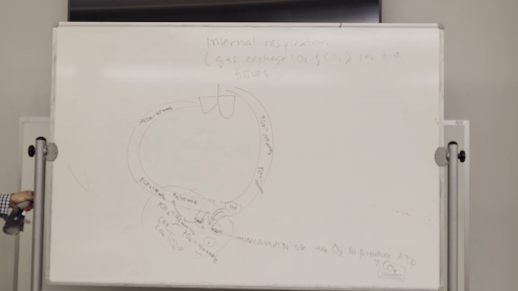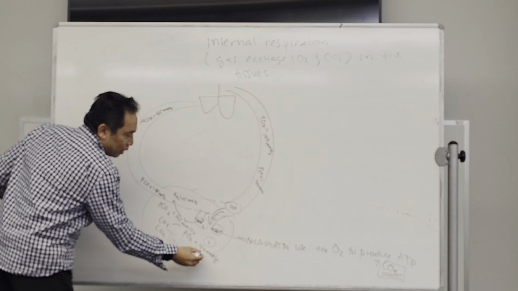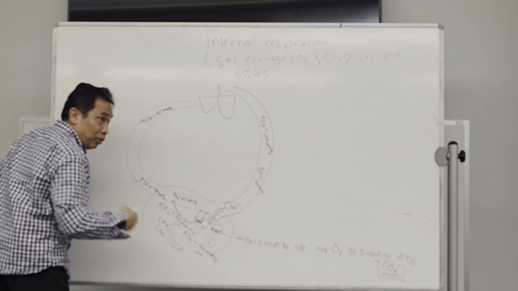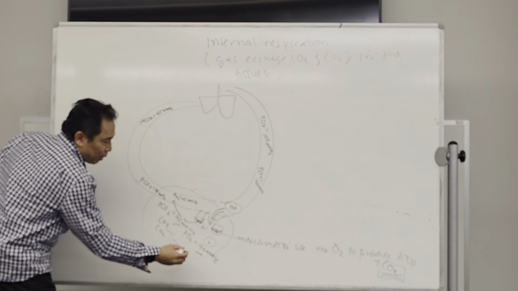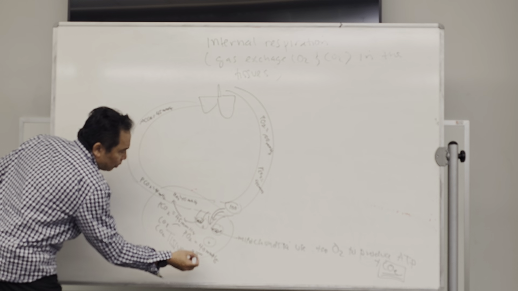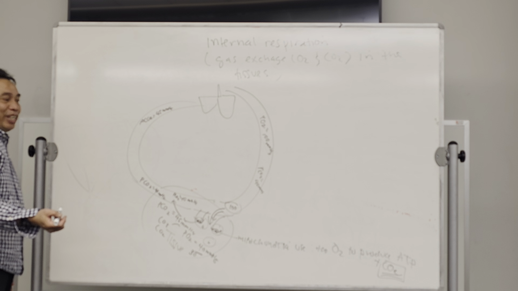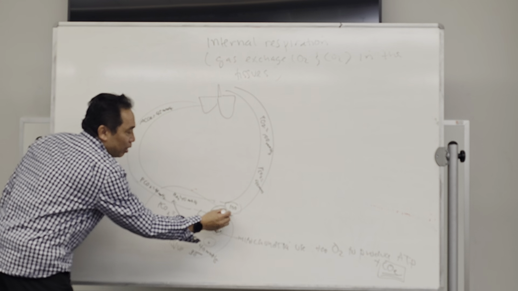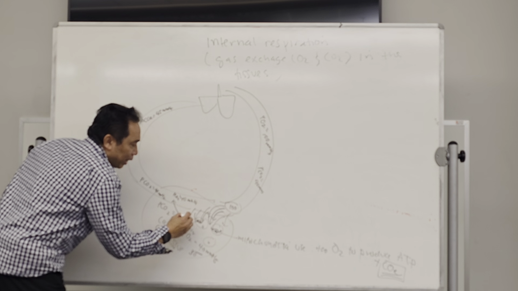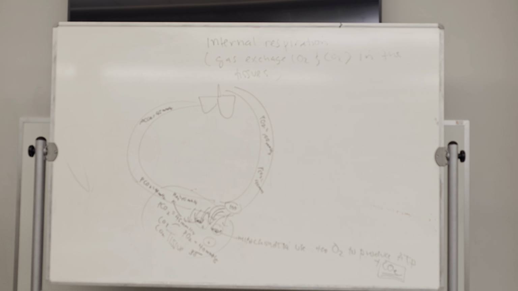It means that there will be less oxygen here. Maybe this is normally 40, maybe when you do exercise, the oxygen pressure may go down to 30, for example. It means that oxygen will be delivered a lot to this active cell. So oxygen will be delivered to the most active cell first. The non-active cell will not get enough oxygen because they don't need it.